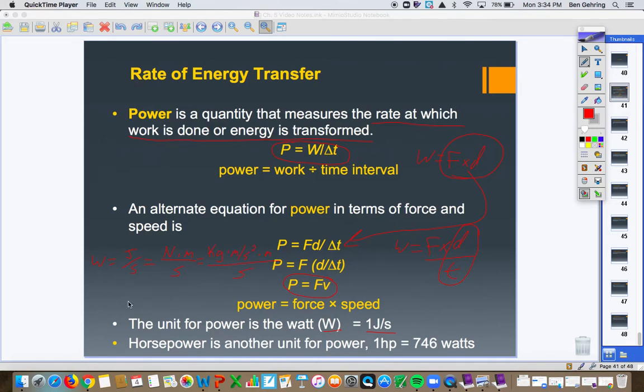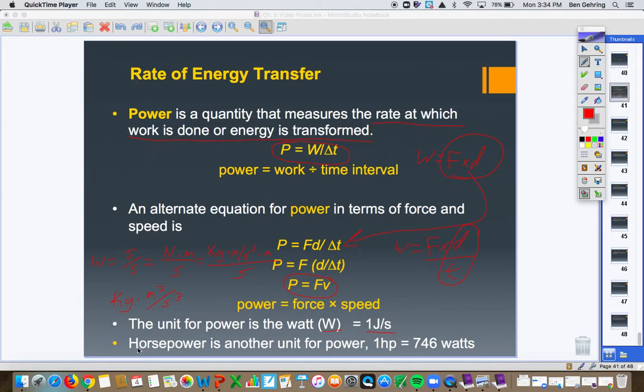Together this would be kilogram times meters squared per second cubed. There are a lot of different ways we can write and express our units. This shows you the ones we're going to look at and use. So these are all possibilities for power.